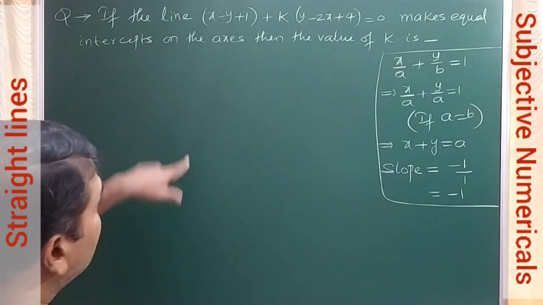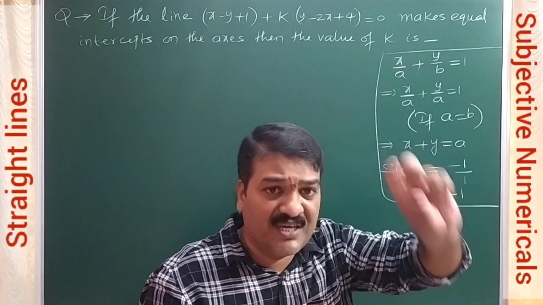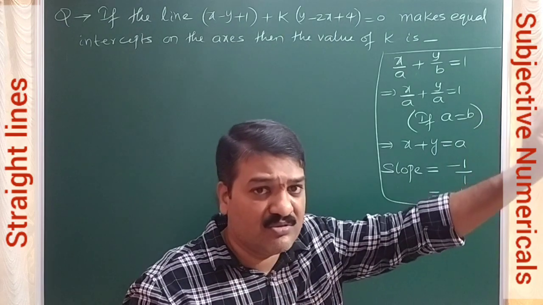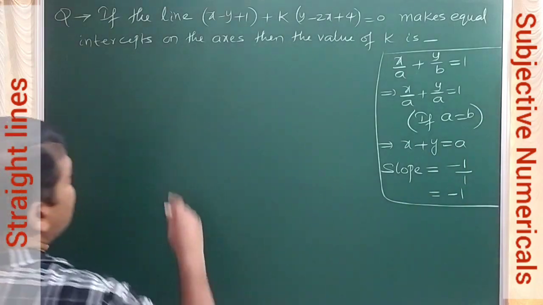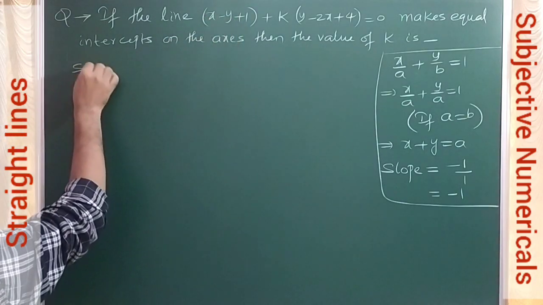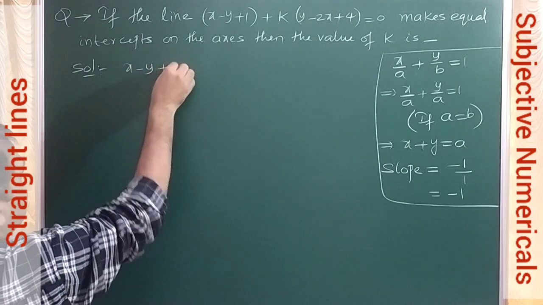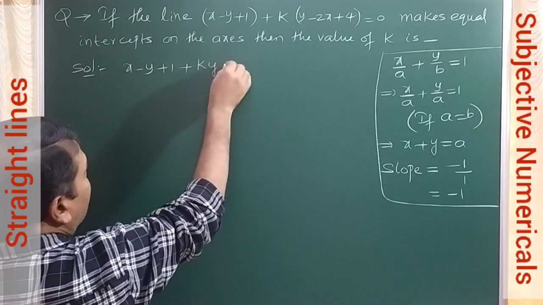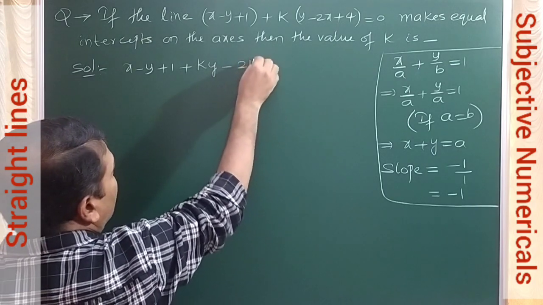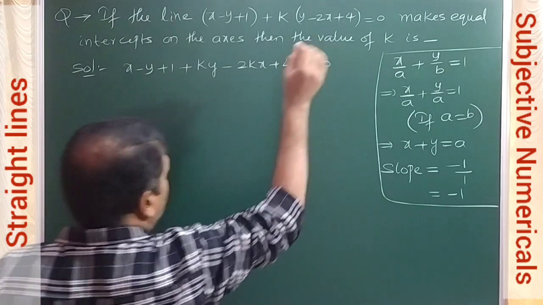So first, the given line is not in standard form. Not in standard form means ax plus by plus c equal to 0 is the standard form, and it is not in that model. Let us simplify this first. x minus y plus 1 multiplied with k: plus ky minus 2kx plus 4k is equal to 0.